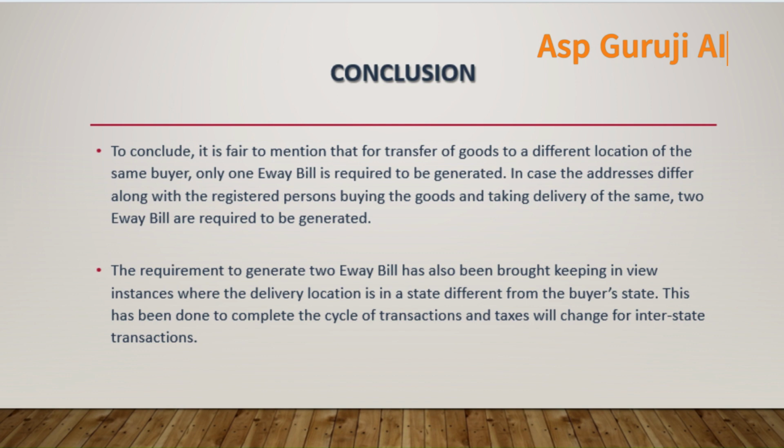The requirement to generate two EWAY bills has also been brought keeping in view instances where the delivery location is in a state different from the buyer's state. This has been done to complete the cycle of transactions, and taxes will change for interstate transactions.